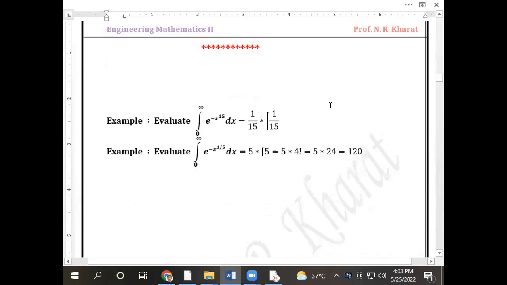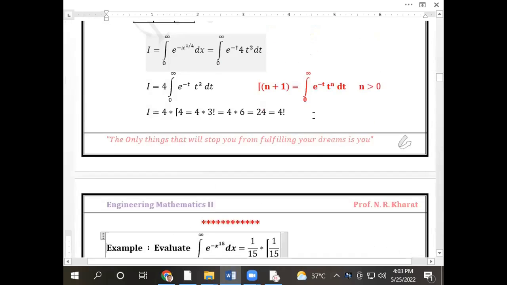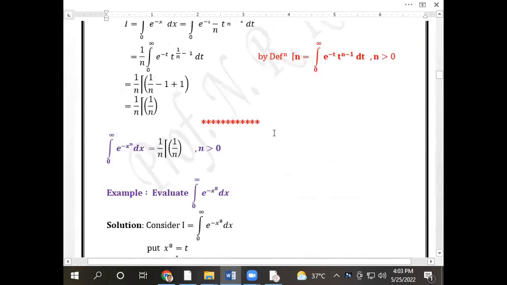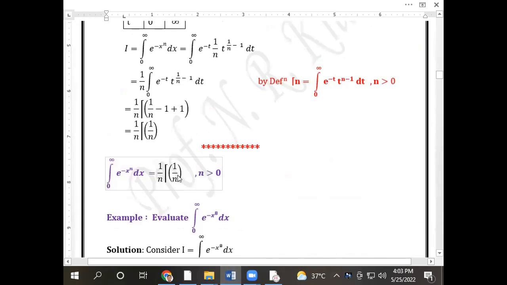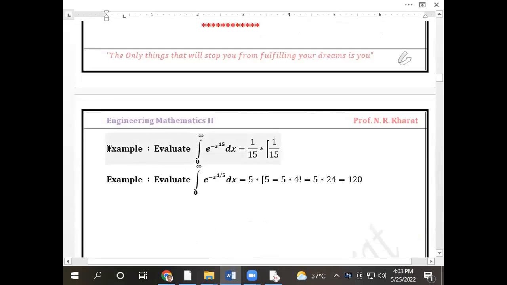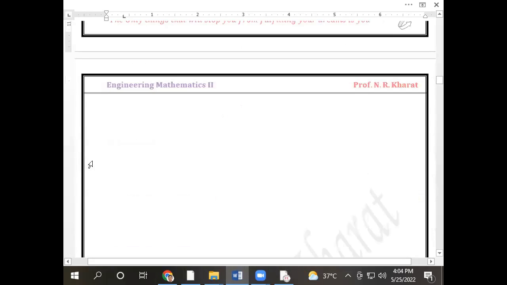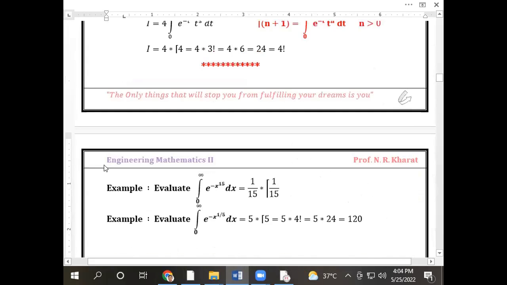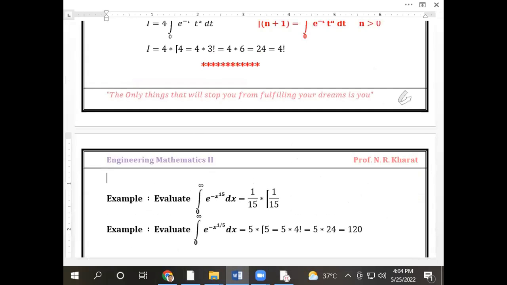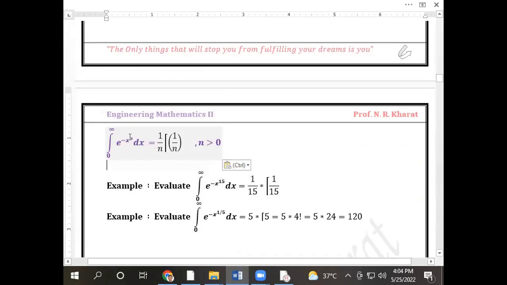Here 2 examples are defined and we have to use the shortcut here. We have to use this standard property. With the help of this property, we can just find the solution by comparing the value of n. When we compare, the value for n is equal to 15.